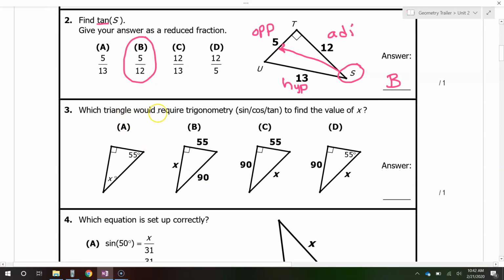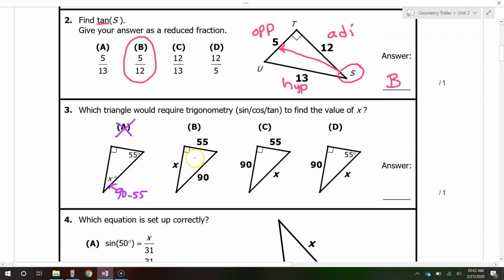Okay, which triangle would require sine, cosine, or tangent to find the value of x? Well, I would not need sine, cosine, or tangent to find the value of x right here because I would just subtract from 90. I could just do 90 minus 55, and that would give me the answer. So A is not the answer.